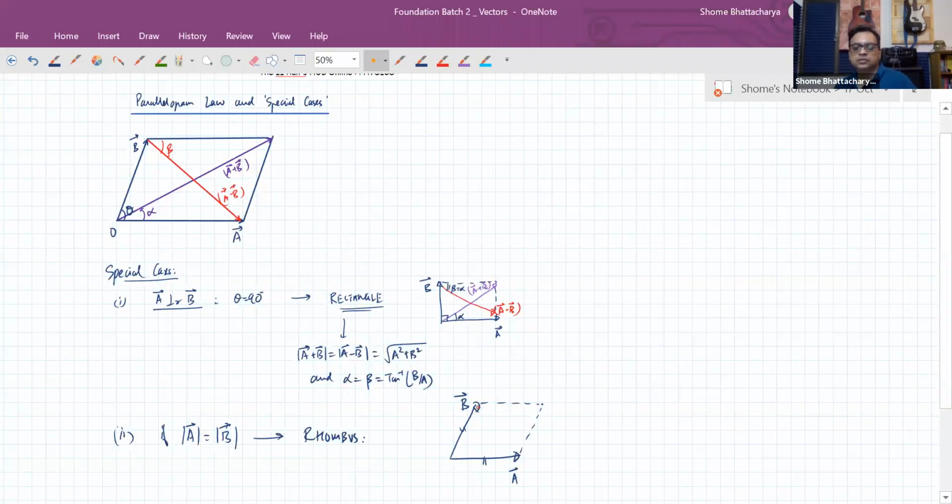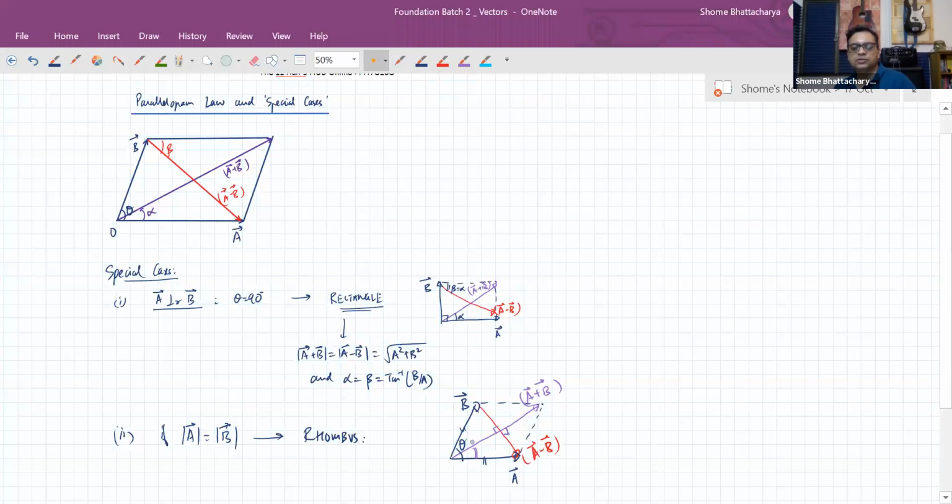So this diagonal A minus B and this diagonal A plus B, first of all, are perpendicular to each other, and secondly, the diagonals are also angular bisectors.